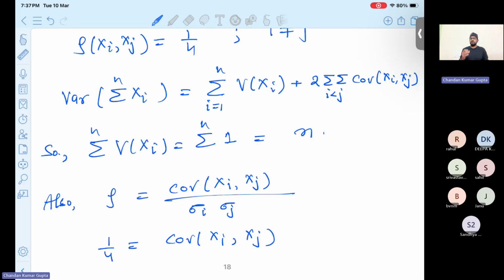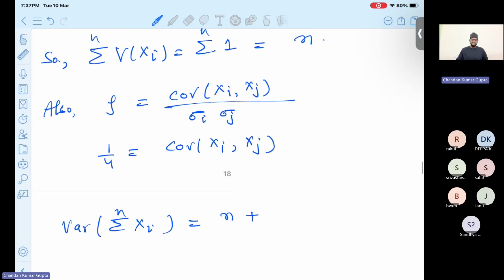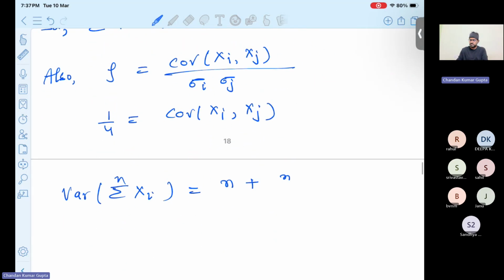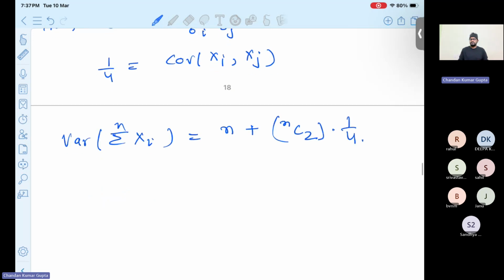N choose 2, that is the combination. So that is nC2 times 1 by 4. So this is n plus nC2 times 2, and that is n minus 1 upon 2 into 1 by 4.